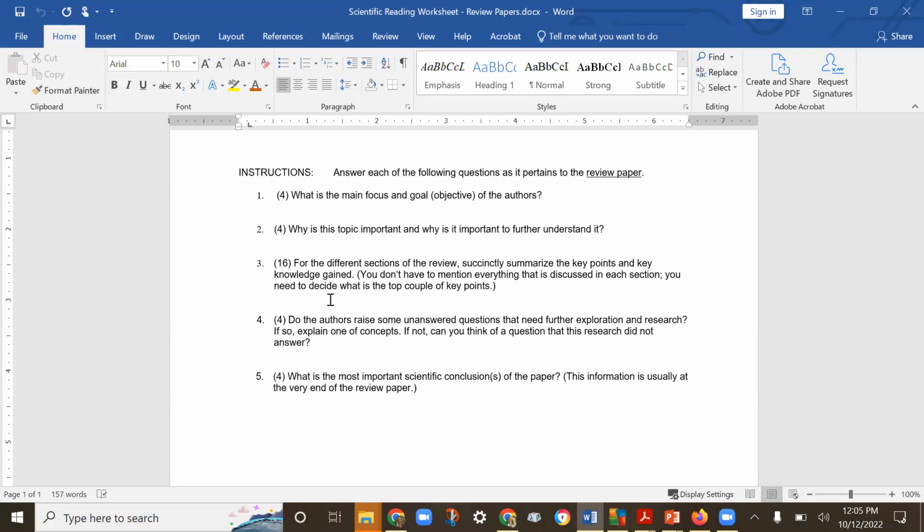Question 4, it may be that the authors don't really have some unanswered questions that they'll actually say, we have yet to learn such and such, or we still don't know such and such. They may not say that. If not, is there anything that when you read it made you go, huh? And that's a very kind of subjective thing.